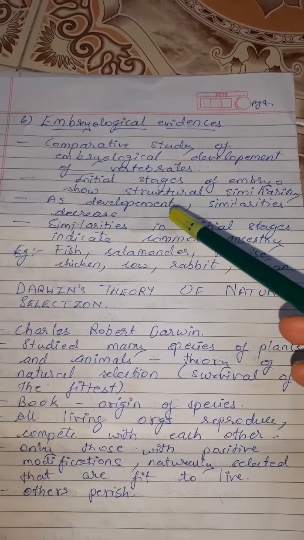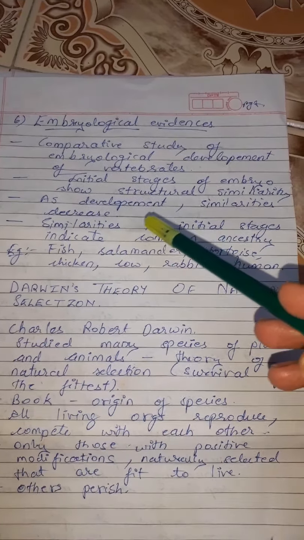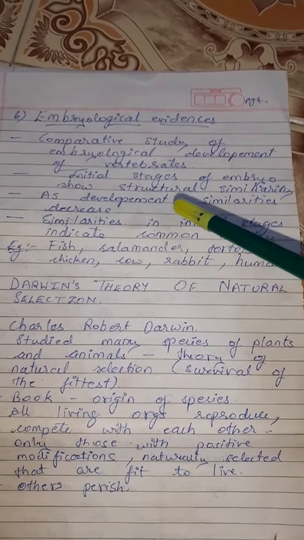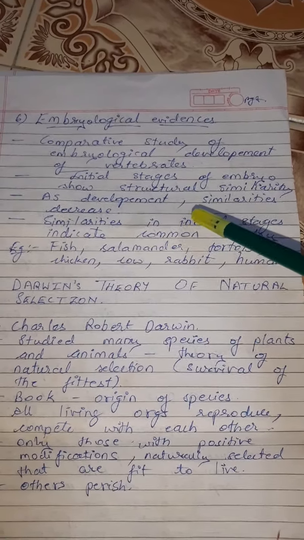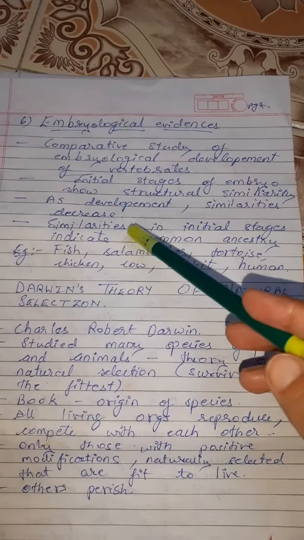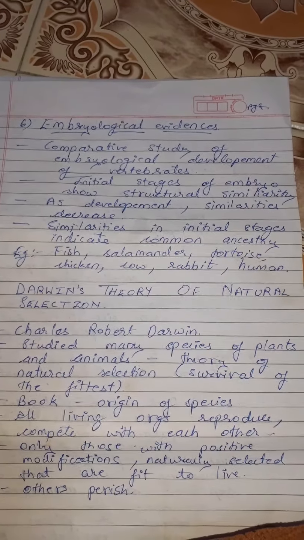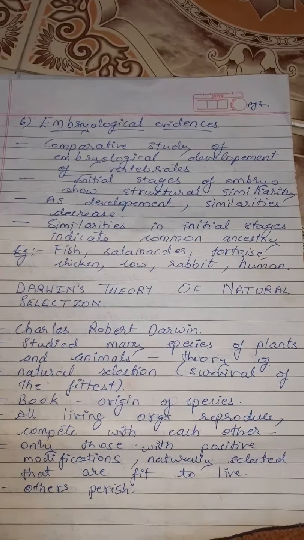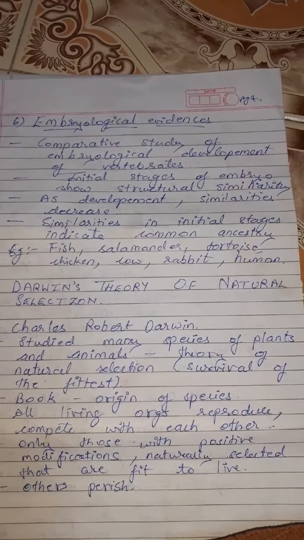At that time, the embryos of different animals appeared almost the same, and later on, when they developed, the similarity, the common characteristics, started decreasing. That means later on they showed some different structure.